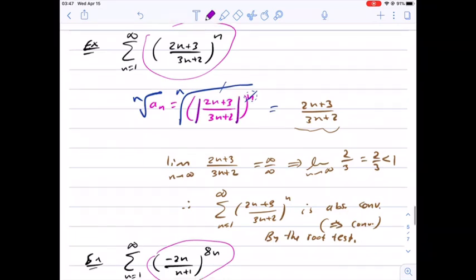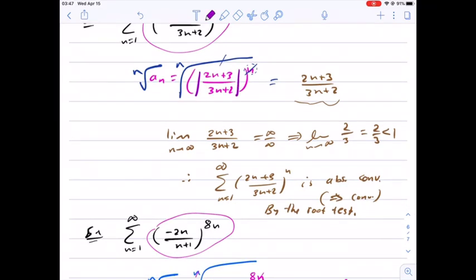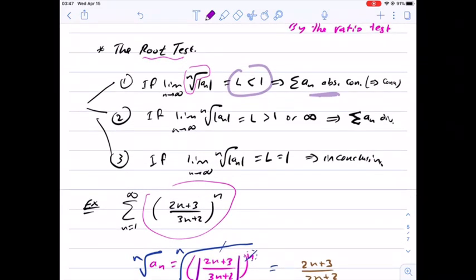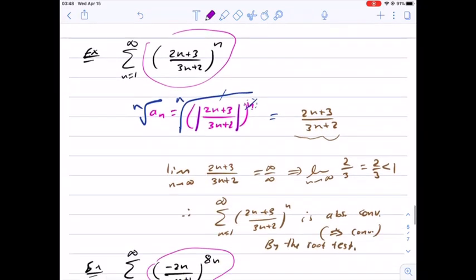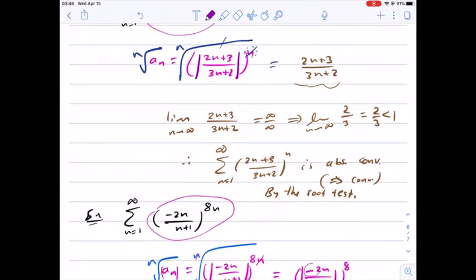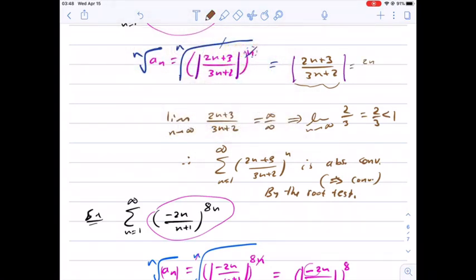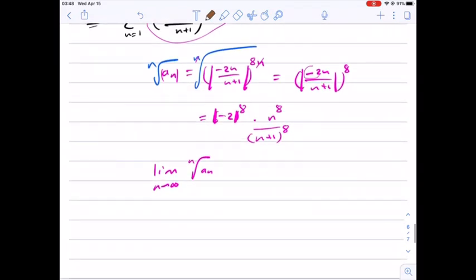I suppose that the terms are positive, but we should take the absolute value, and this is a good point to remind you that when we apply the test, we apply the nth root on the absolute value of a sub n. But since the terms are positive, we don't need the absolute value notation.